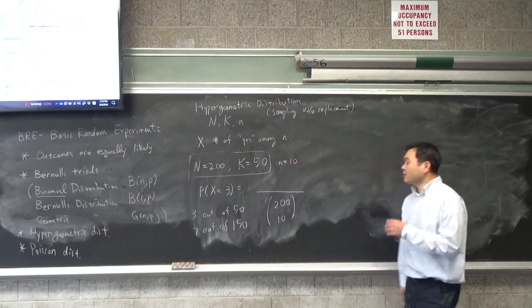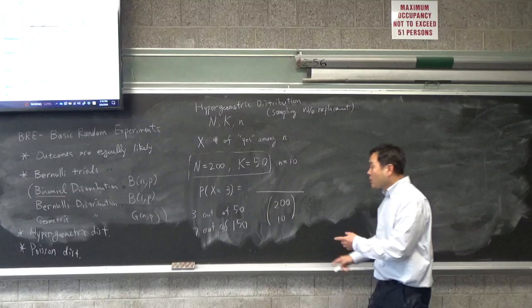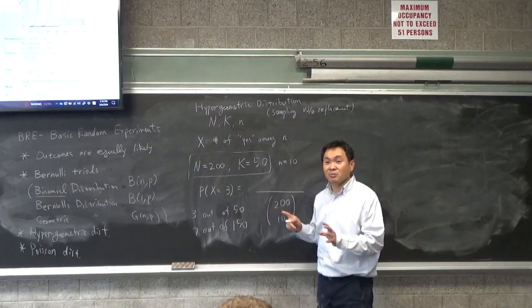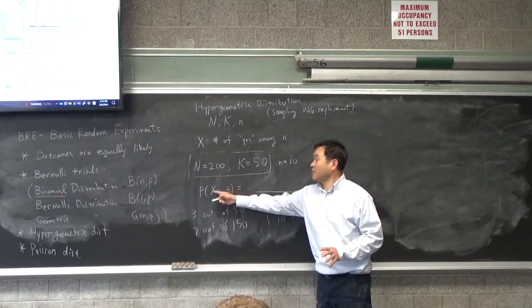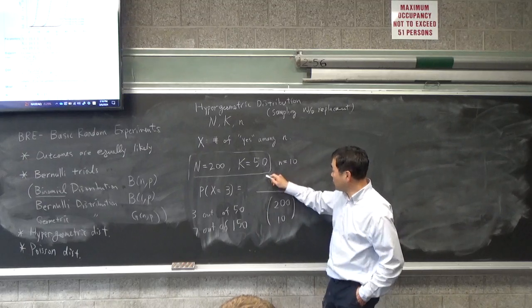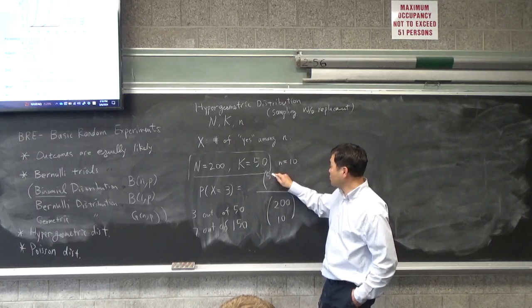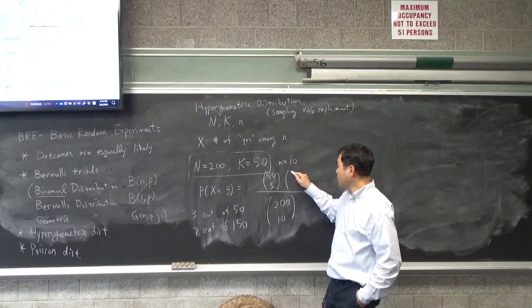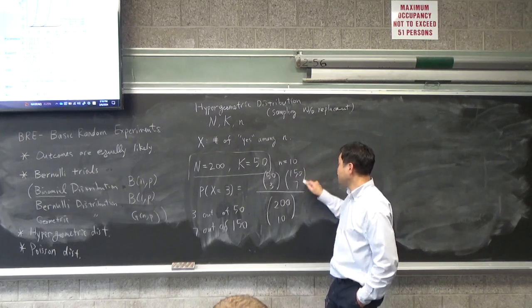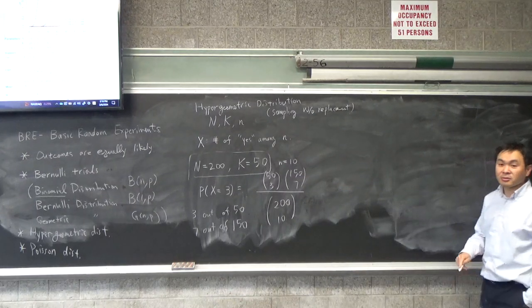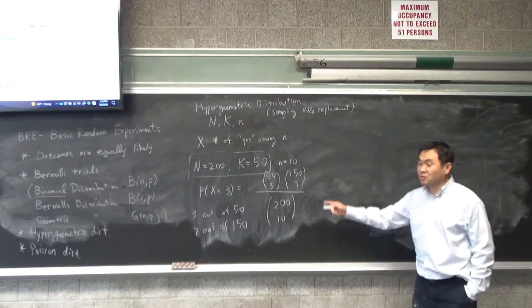Then you just multiply these two possibilities, and that gives you the ways you can get exactly this. So that will be 50 choose 3, and then 150 choose 7. That's how you get the probability.